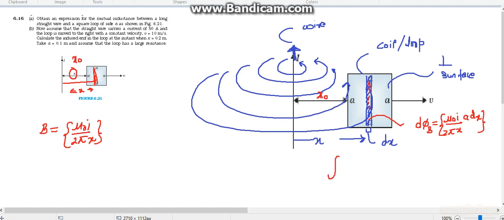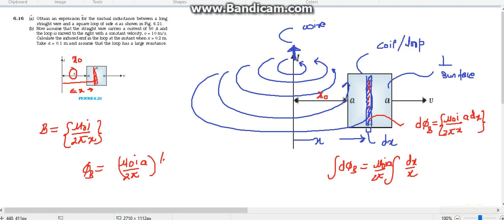Now what is the total flux? Total flux would be the integral of mu 0 I upon 2 pi, which is constant, a, which is constant, and dx upon x. We get phi B total is mu 0 I upon 2 pi into a into log x, with the limits from x0 to x0 plus a.